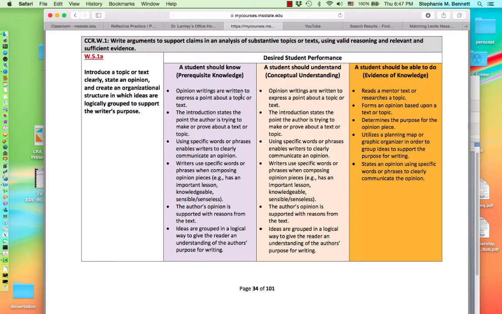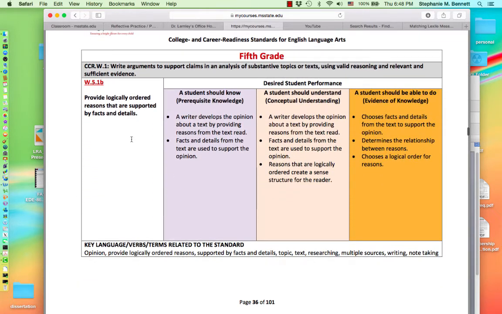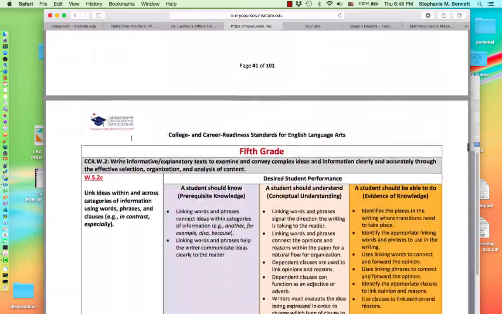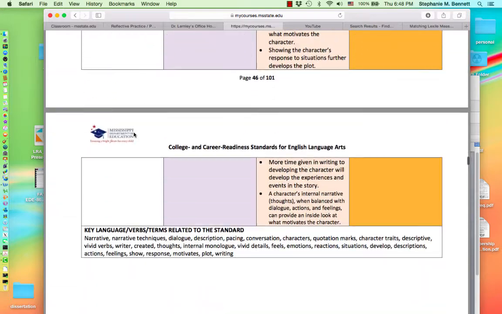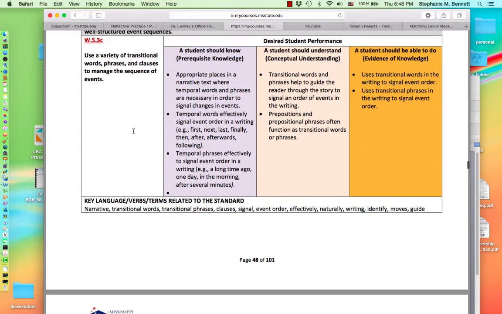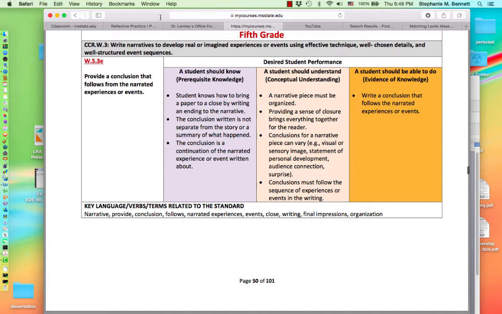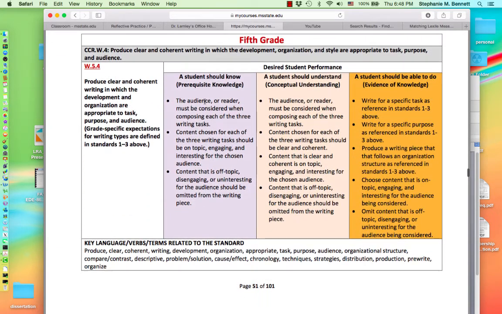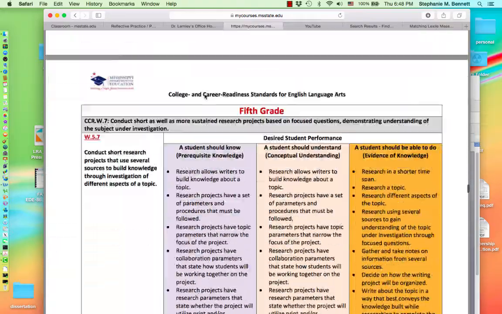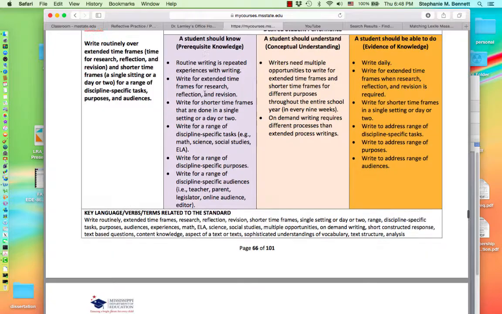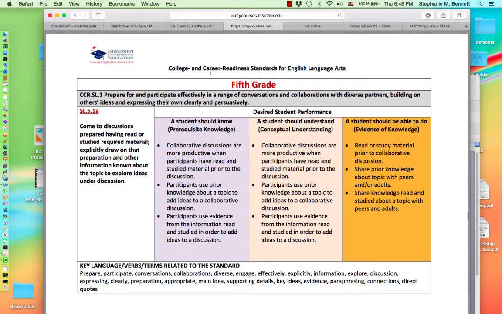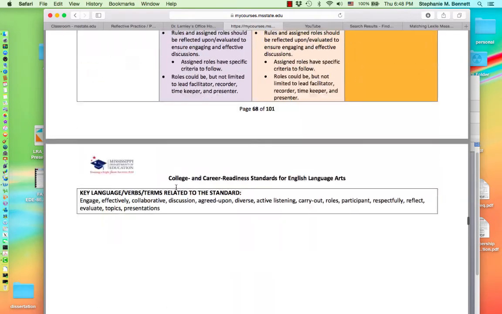You then have writing, and remember that writing is divided up with argument, informational text writing, and narrative, argument or opinion depending on grade level. So you have your writing standards, and these have multiple pieces to them, like 5.3a, 5.3b, 5.3c, etc. After the writing standards, you have the speaking and listening standards, and then you also have the language standards.